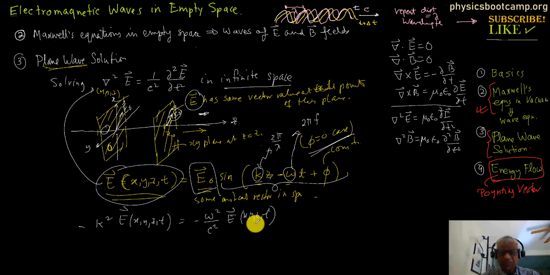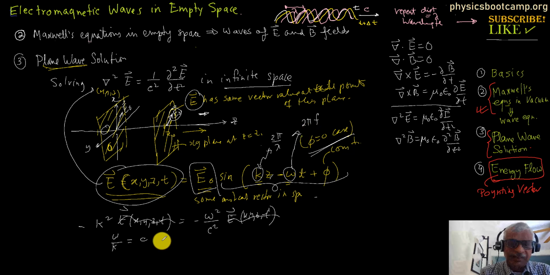So algebraically speaking, you can cancel this because E is arbitrary, and so you have k squared equals omega squared over c squared, so omega over k equals c. Right? Omega over k equals c.